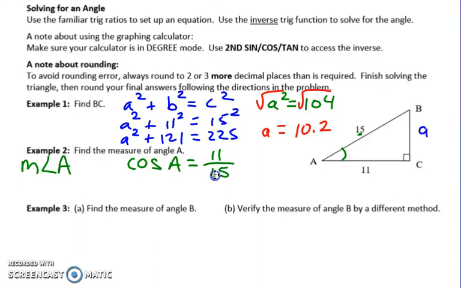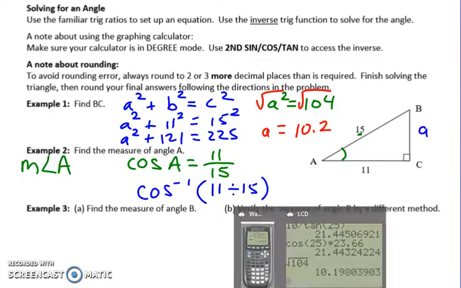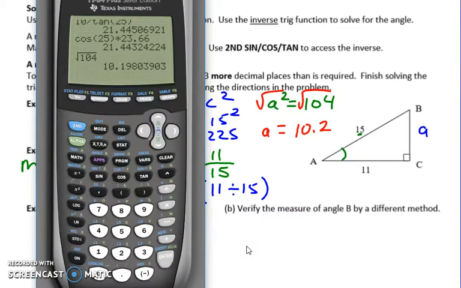So to find out what that angle is, we can say the inverse cosine of 11 divided by 15. So in your calculators, second cosine, 11 divided by 15. Close it, press enter. So that tells me that the measure of angle A is 42.83.